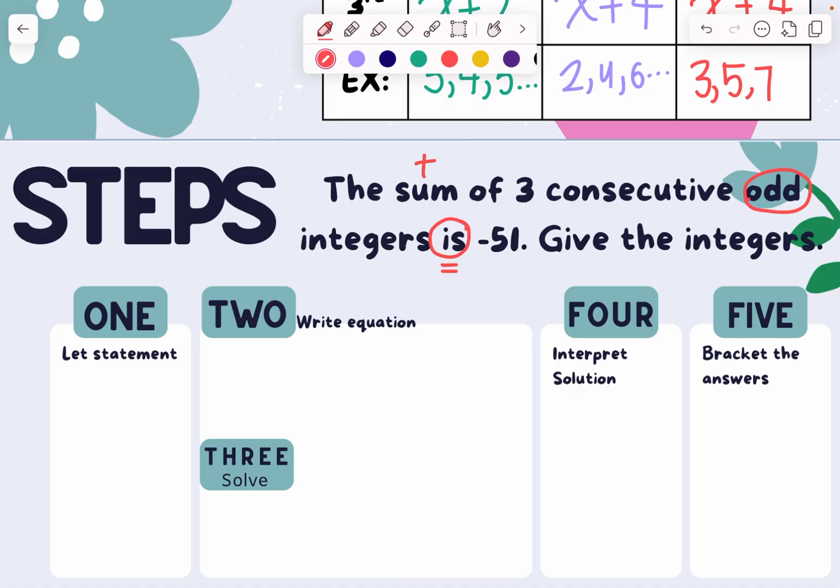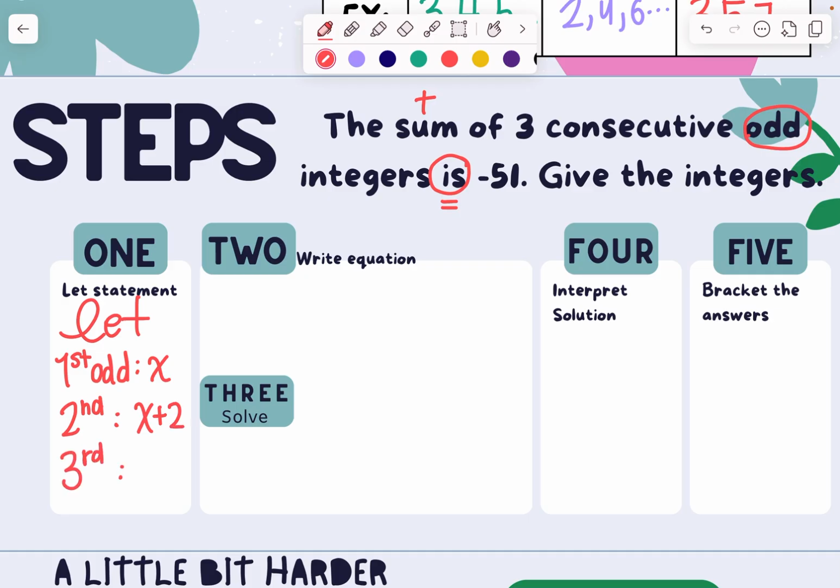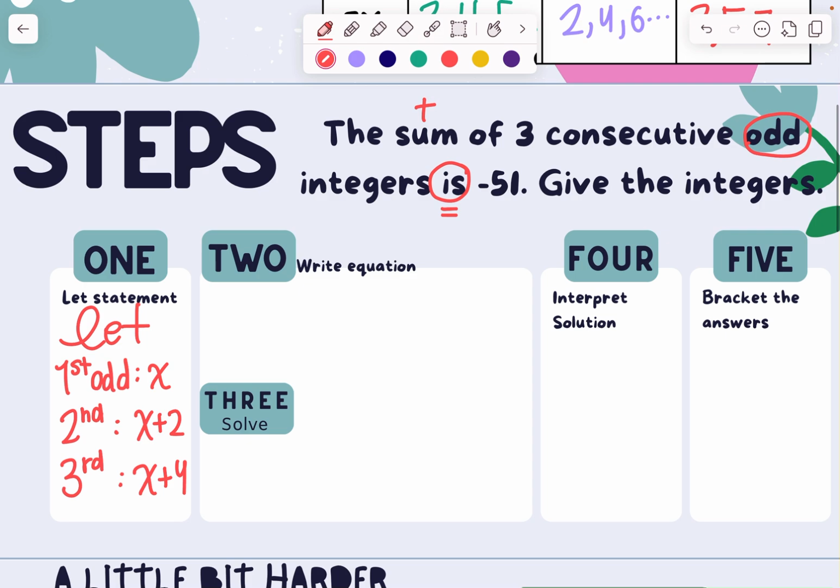Give the integers. So our first step should be let x be the first number, the first odd number. So the first odd is x. The second in the sequence is going to be x plus 2, right? We're skipping the even in between. The third is going to be x plus 4. And I can stop there because it has only said 3.